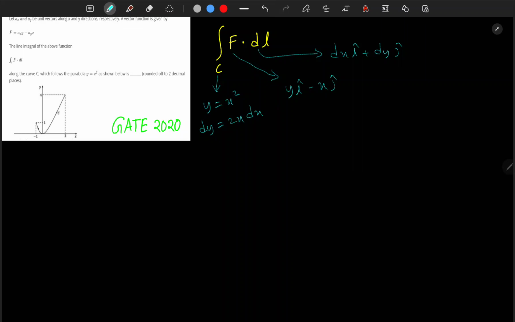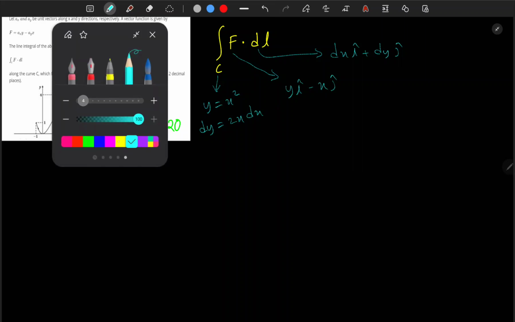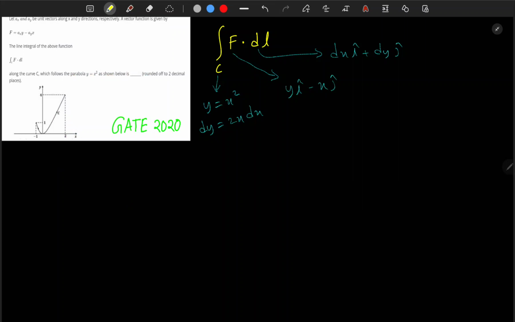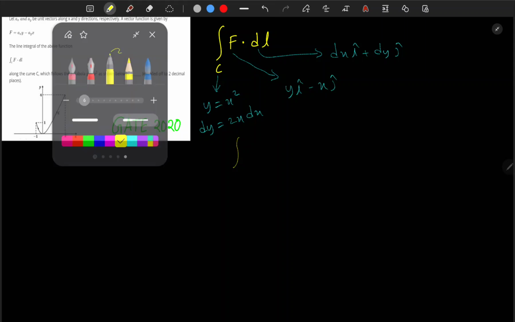Now let's see how we can proceed. Just simply put the values that we have obtained here and solve.